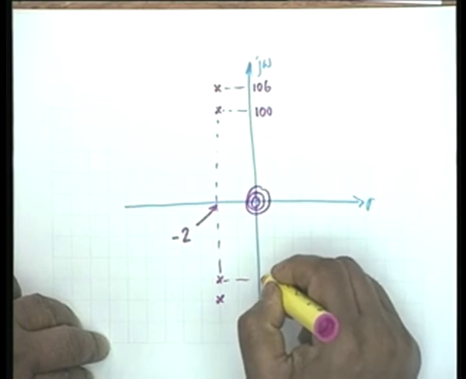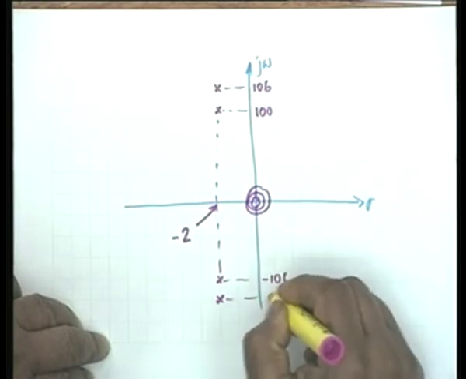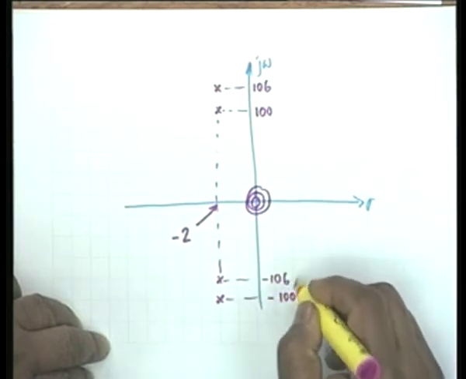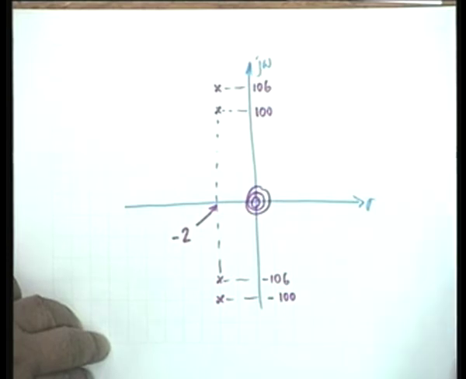This is minus 106, minus 100. Of course, they will have to be multiplied by j.